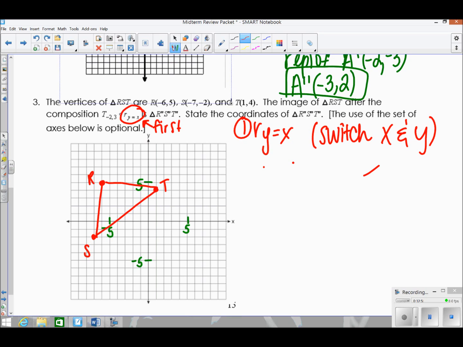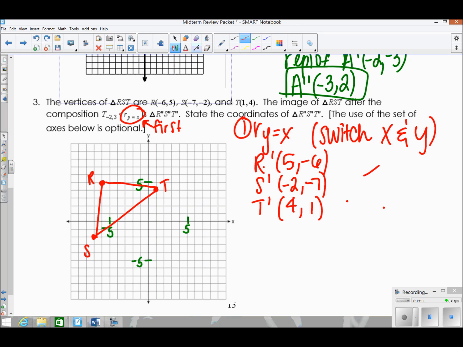So basically, if I'm looking at R prime, S prime, T prime, all I do is I flip each of those. So the original R becomes 5, -6. The original S becomes -2, -7. And then we have 4, 1.